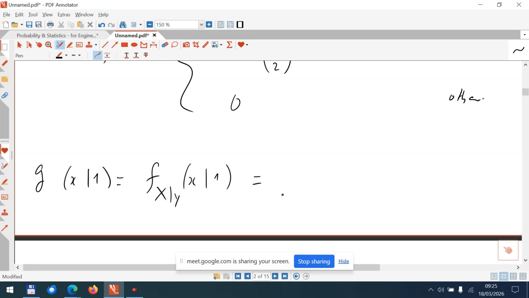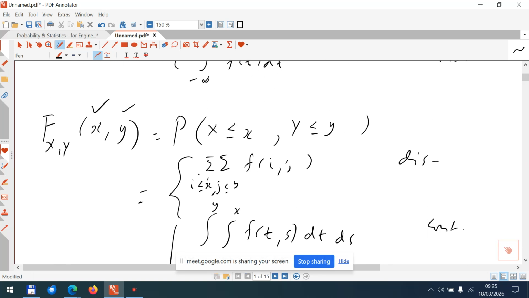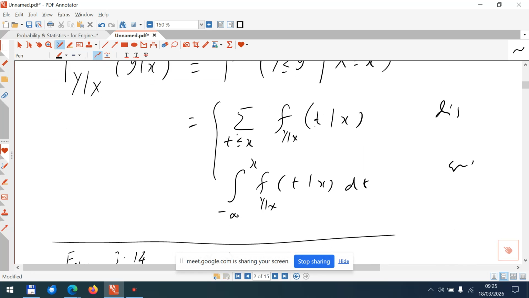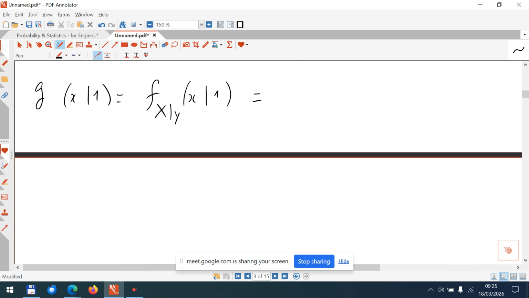So now we need to look for the formula we just saw a while ago. Let me show you what it was. No, this was not the conditional one. The conditional formula, I'm just writing it separately. The conditional distribution always has the joint distribution in the numerator and the marginal distribution in the denominator, which for this case will be g, right?